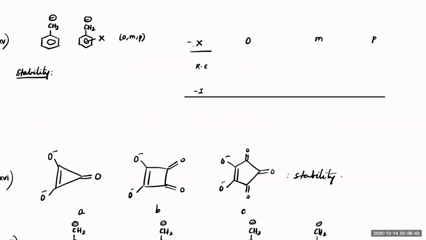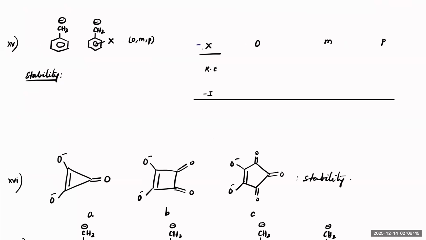See the next one, halogens. In case of halogens, any halogen, you can take chloride, bromide, iodide, fluoride, anything. If that is present at ortho, para, and meta position, resonance is only observed at ortho and para position. Meta position, no resonance. Minus I effect: halogens impart very high minus I effect at ortho, slightly moderate at meta, and least at para.